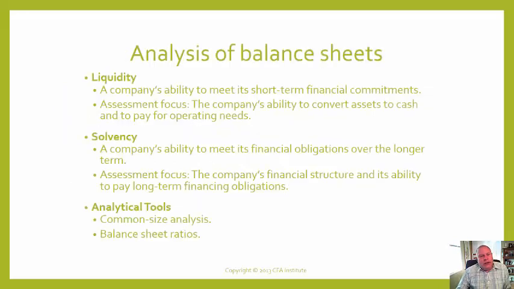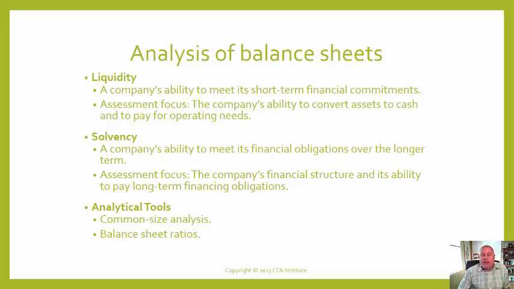When we move into the analysis of the balance sheet, we're looking at a couple of things. The first thing we're looking at is liquidity, which is a company's ability to meet its short-term commitments, but it's more about the ability of the firm to convert assets to cash and to pay for operating needs.